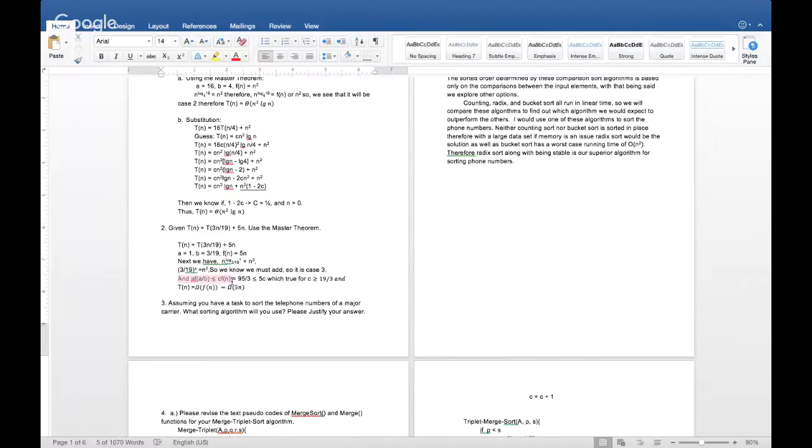Then for case 3, we have the second part, which is a f(n/b) is less than or equal to c f(n), which then we have 95/3 is less than or equal to 5c, which holds true for c greater than or equal to 19/3. And finally, we see that T(n) is equal to big omega of f(n), which is big omega of 5n.